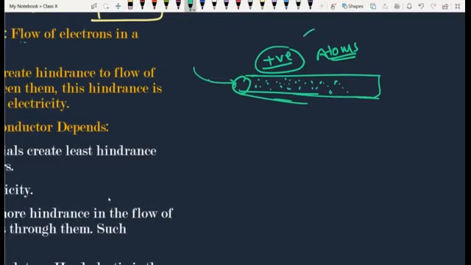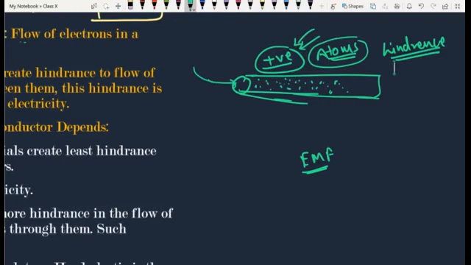So what will the positive charges do to those electrons? They will attract those electrons. But we have applied a force called EMF, electromotive force, which motivates the electrons to flow within a conductor. Still, these positive charges and atoms create hindrance to the electrons flowing through the conductor. That's why resistance is there.